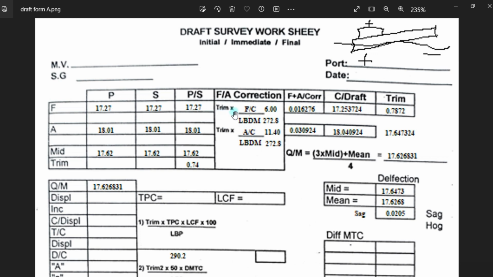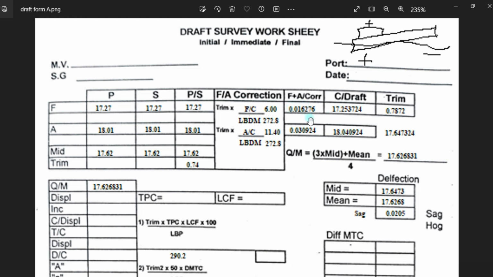So you multiply 0.74 by 6, then you divide by the length between draft marks of 272.8. We have a figure of 0.016276. By this formula, this will be your forward correction.